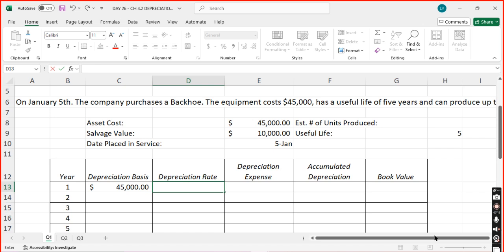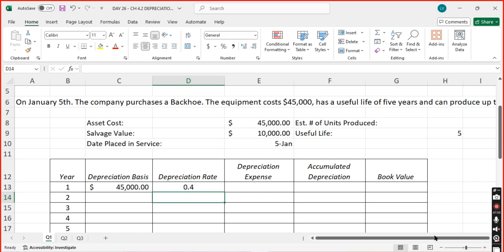But you forgot that 1, because you have to divide: 1 divided by the estimated useful life in years. So 1 divided by 5 times 2, because it's twice as much, we're double declining.